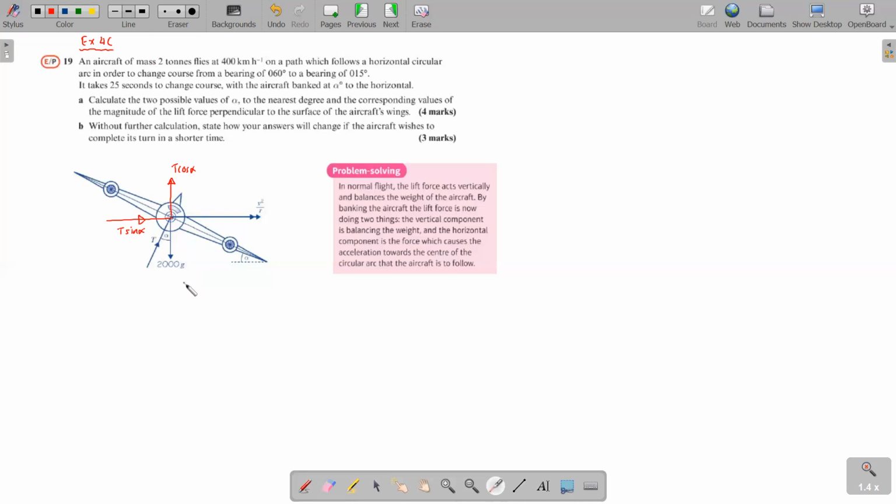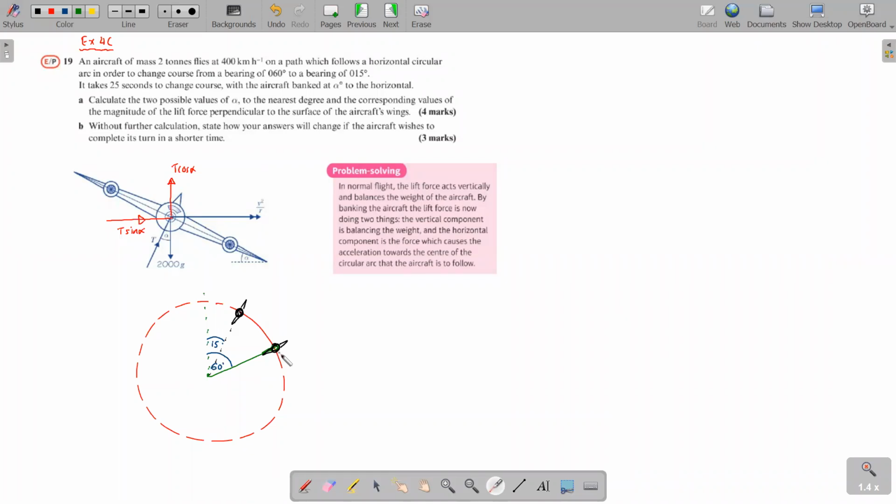When you convert to weight, it's 2000 g newtons, right? And T sine alpha is the force that's acting towards the center of the circle. All right. Now let's try to solve the equation and find the two possible values of alpha.